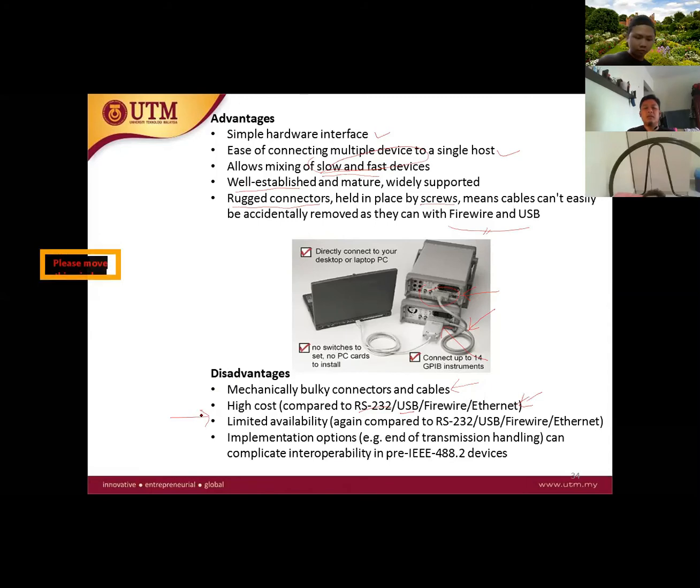It's not easily available in the store, so you have to purchase from a specific supplier.